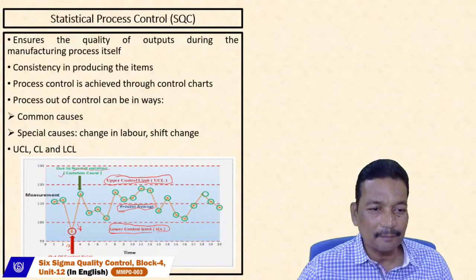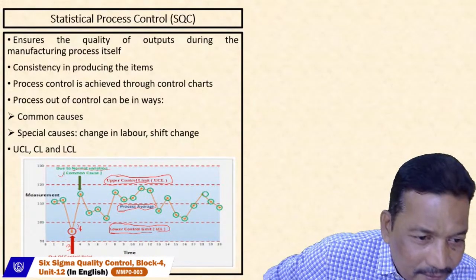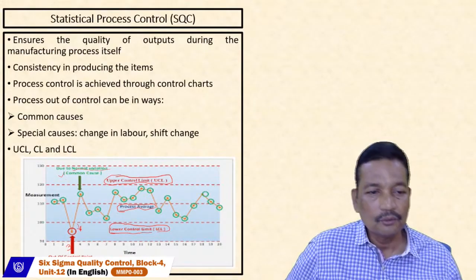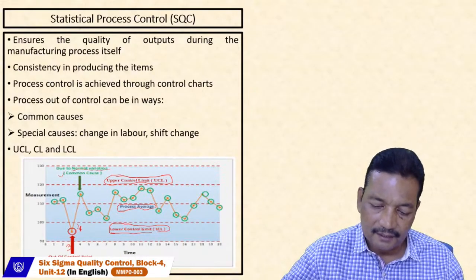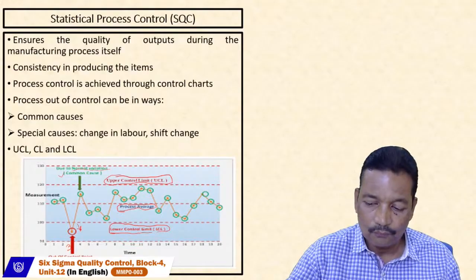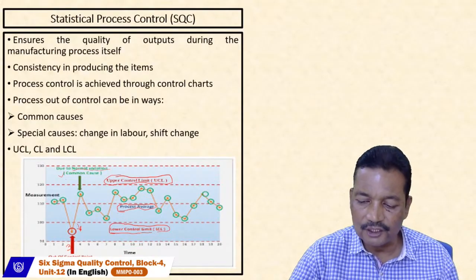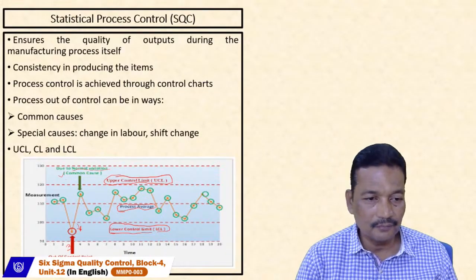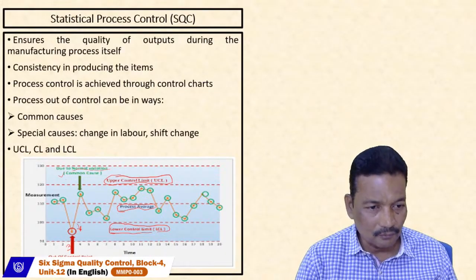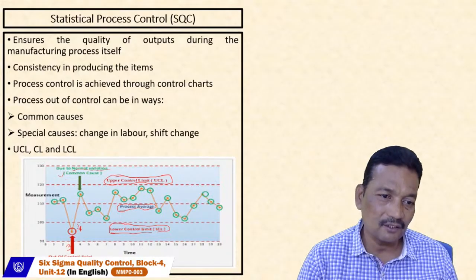So whenever that happens, what we shall be doing? We shall try to negate the impact of that and try to focus how in future we can do away with that special cause problem.